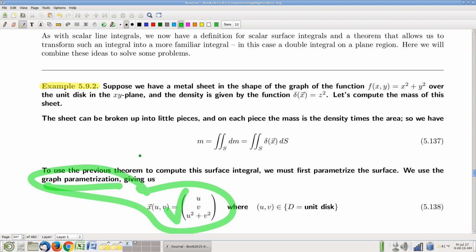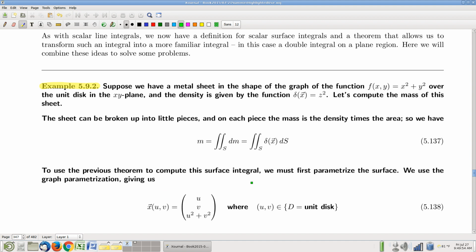But if you're a little sketchy on the graph parameterization and its variants, when we talked about polar graph parameterizations and spherical graph parameterizations, and whenever you can solve for one variable in terms of the other variables, make sure you're good at those, because the first step in every one of these scalar surface integral questions is how do you form the parameterization. So you've got to make sure you're good with that chapter 2 stuff in order to be able to do this chapter 5 stuff. Okay, so there's our parameterization.